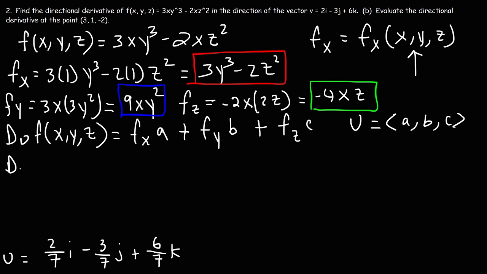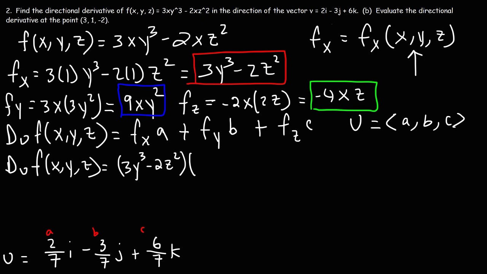So now let's plug everything in. f sub x is 3y to the third minus 2z squared, and that's going to be multiplied by a. So this is a, this is b, and that's c.